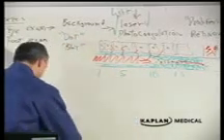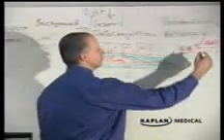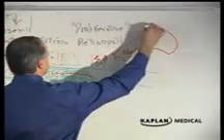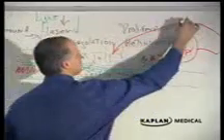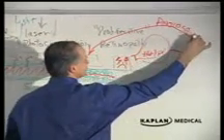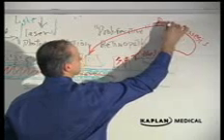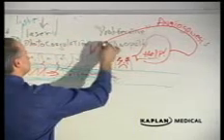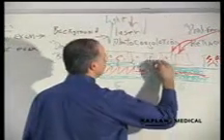So what happens is that the help signal goes out, and angiogenesis factors are released to go backwards and say, let's start making some new blood vessels.